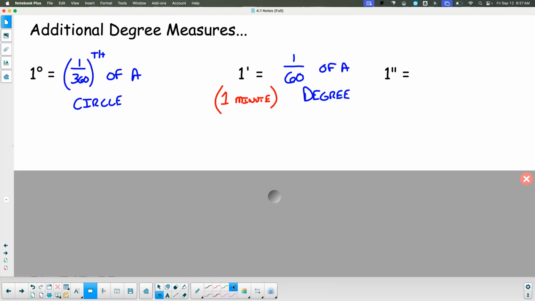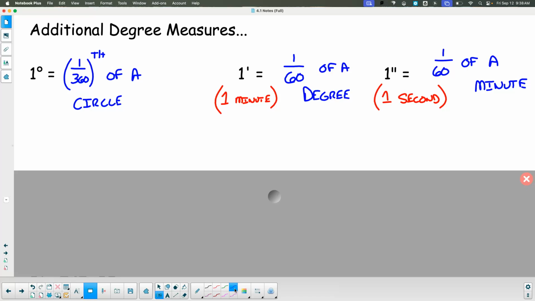Okay? 1 second is 1/60th of a minute. Okay?